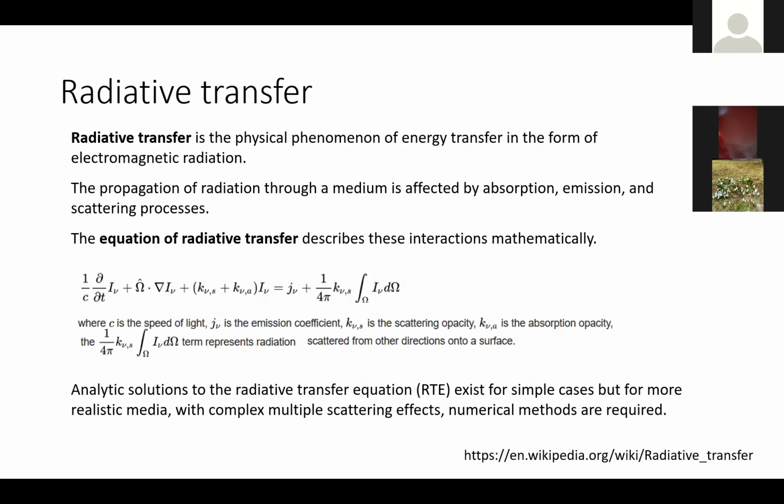Very shortly about radiative transfer. It's the physical phenomenon of energy transfer in the form of electromagnetic radiation, and here is the mathematical equation which describes this process. It's quite a complicated equation, and the analytic solution to this equation exists for simple cases only.